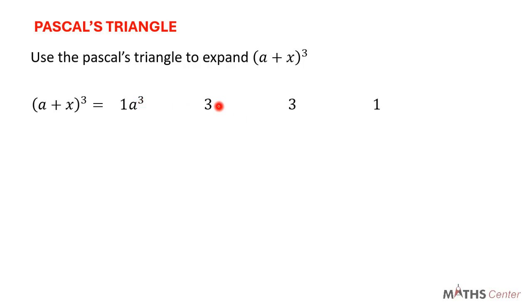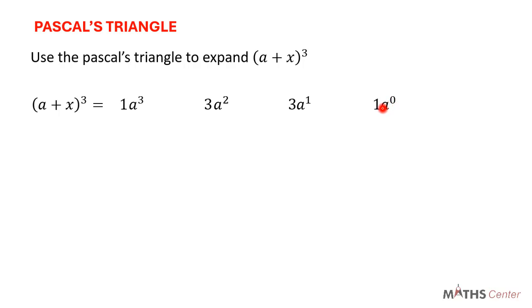In the next term in the expansion, the exponent of a will reduce by 1. So in the next term, a will have an exponent of 2. In the next term, the exponent on a will reduce by 1 again. So a will have an exponent of 1. And in the last term, the exponent on a will reduce by 1 again. So you have 1 minus 1, and that will be 0.